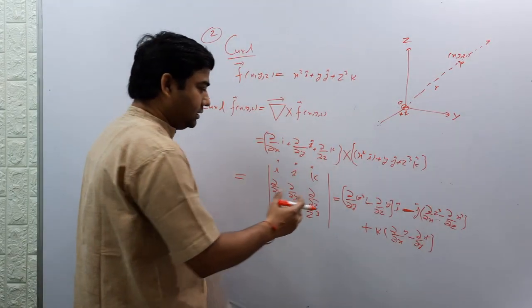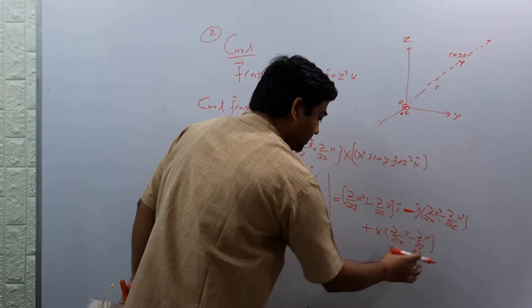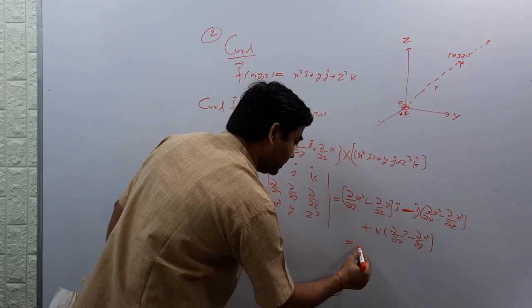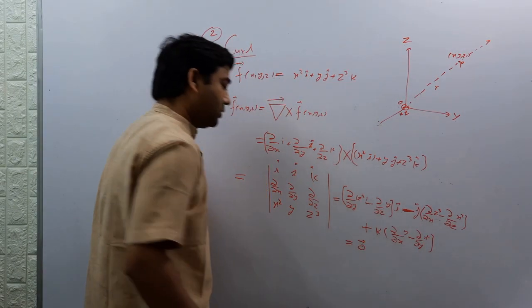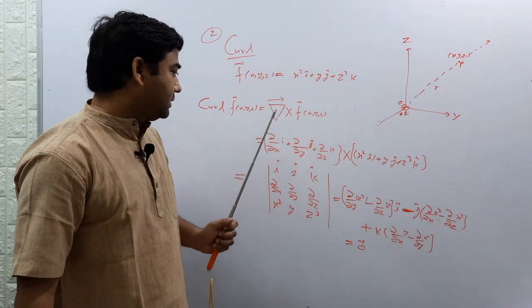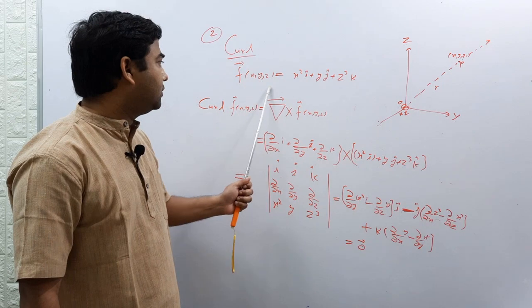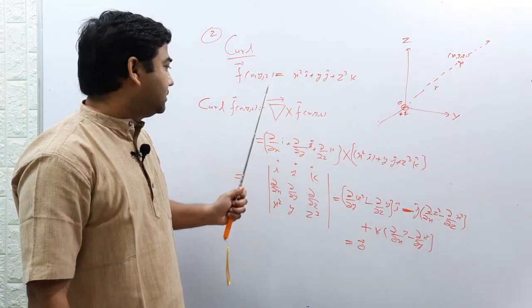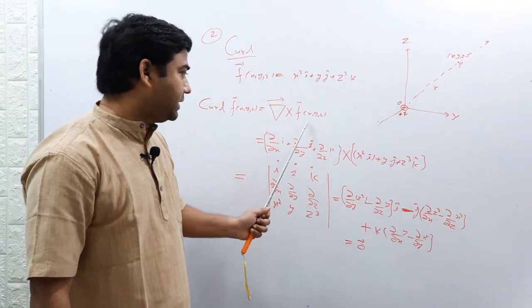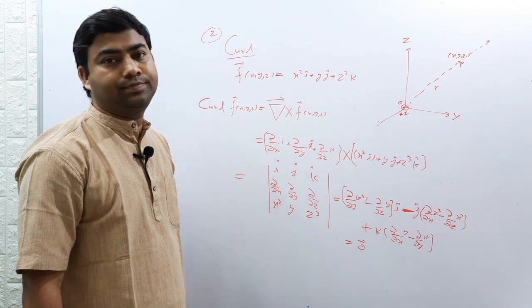So you see all these terms are 0. So this is a 0 vector. So we can say the curl of this function for a general point x comma y comma z is 0.